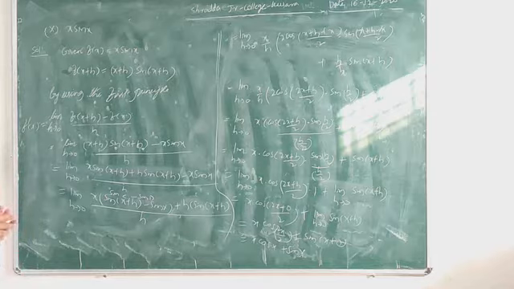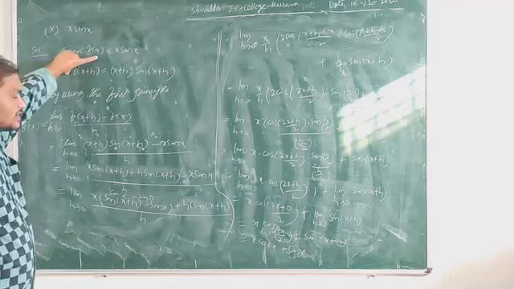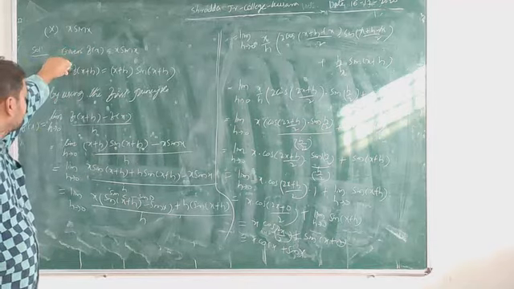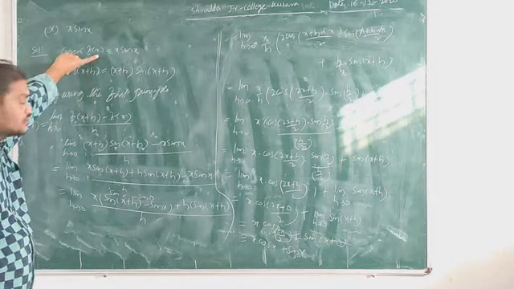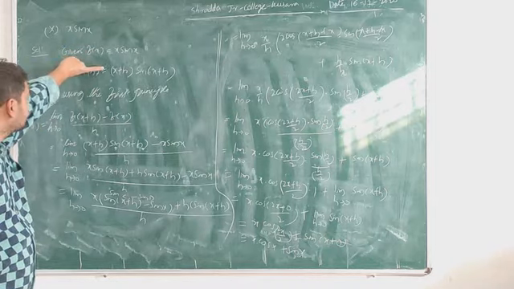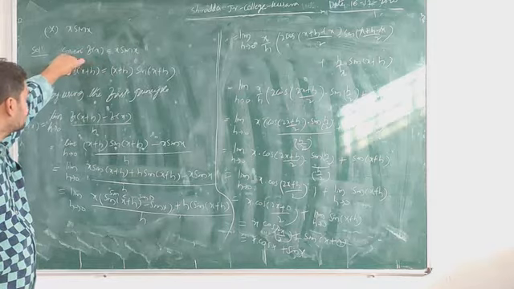See the result, what is given here? x sin x is given. This is our given function. What is f(x)? That is equal to x sin x. f(x+h) means (x+h) into sin(x+h).